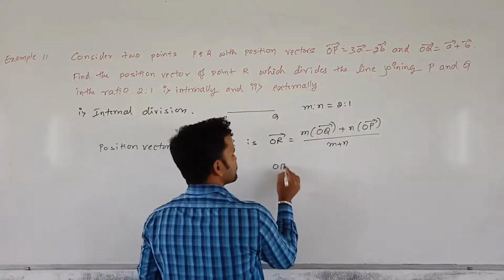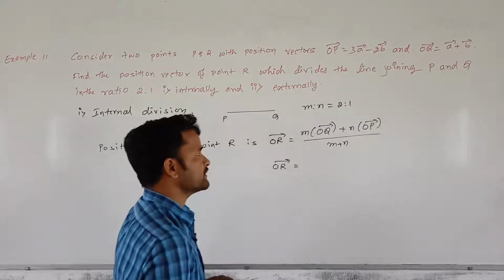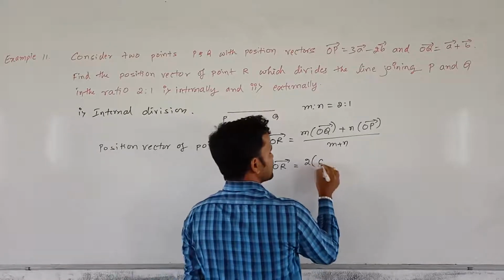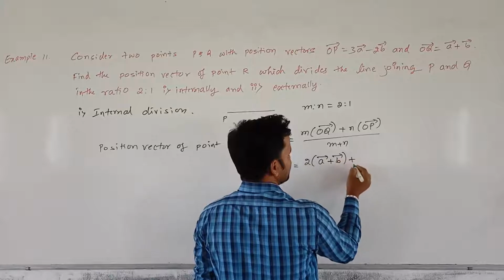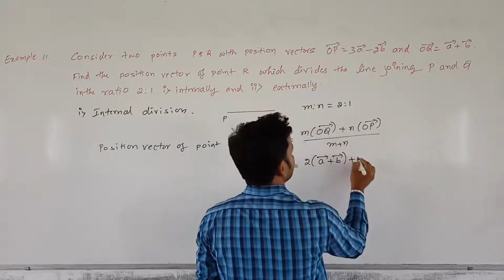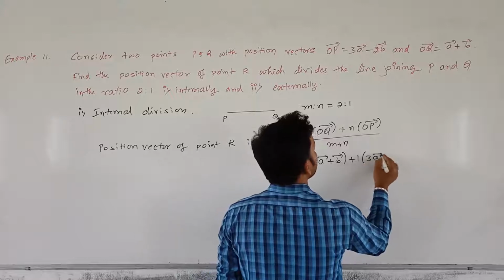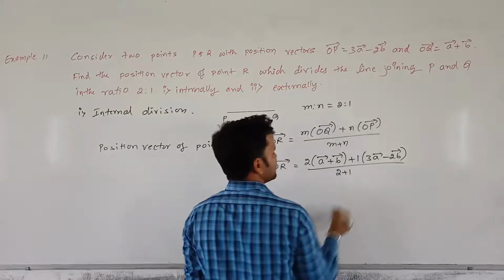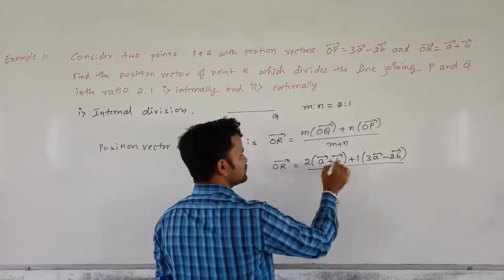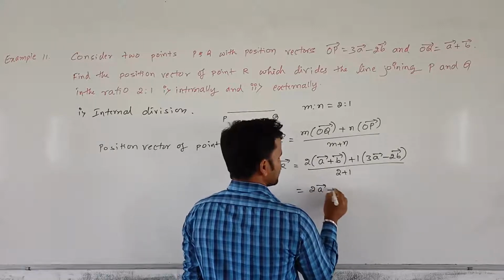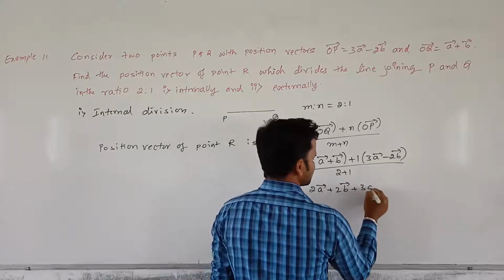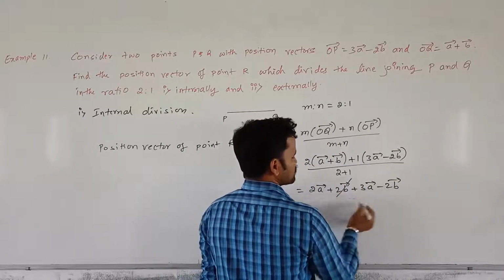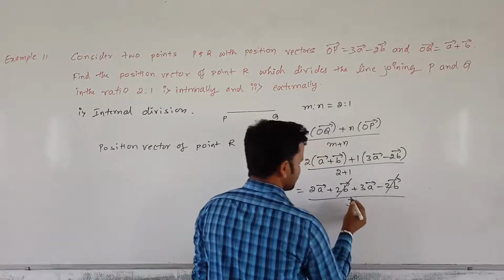Okay. Now the position vector OR is equal to, what is m? m is 2 and they have given OQ. OQ is vector A plus vector B, plus n is 1 into OP, which is 3A minus 2B, whole divided by m plus n, means 2 plus 1. 2 will get multiplied with these two. 2 into vector A plus 2 into vector B plus 3 into vector A minus 2 into vector B. You see, plus 2B minus 2B get cancelled, whole divided by 3.